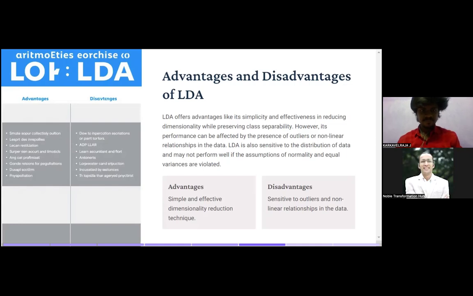Wherever we have an assumption problem, where the model has to assume, it may not work well. So that is the difference, because of class separability and sensitivity to outliers.